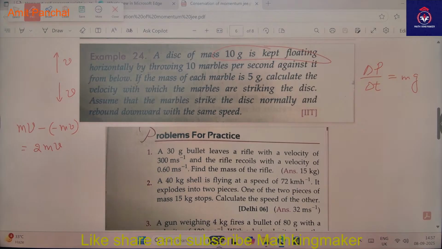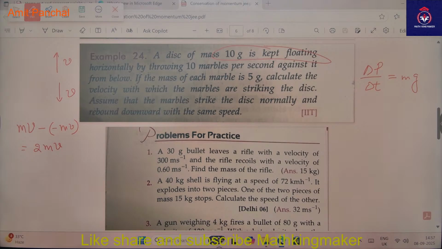How much velocity? And how many discs, how many marbles are there? 10. So multiplied by 10.